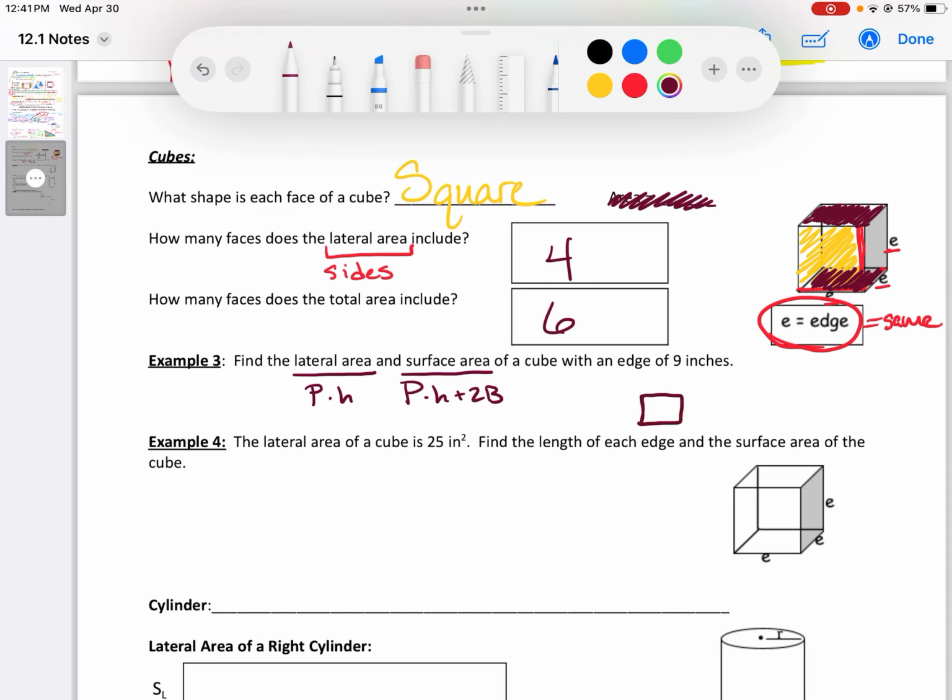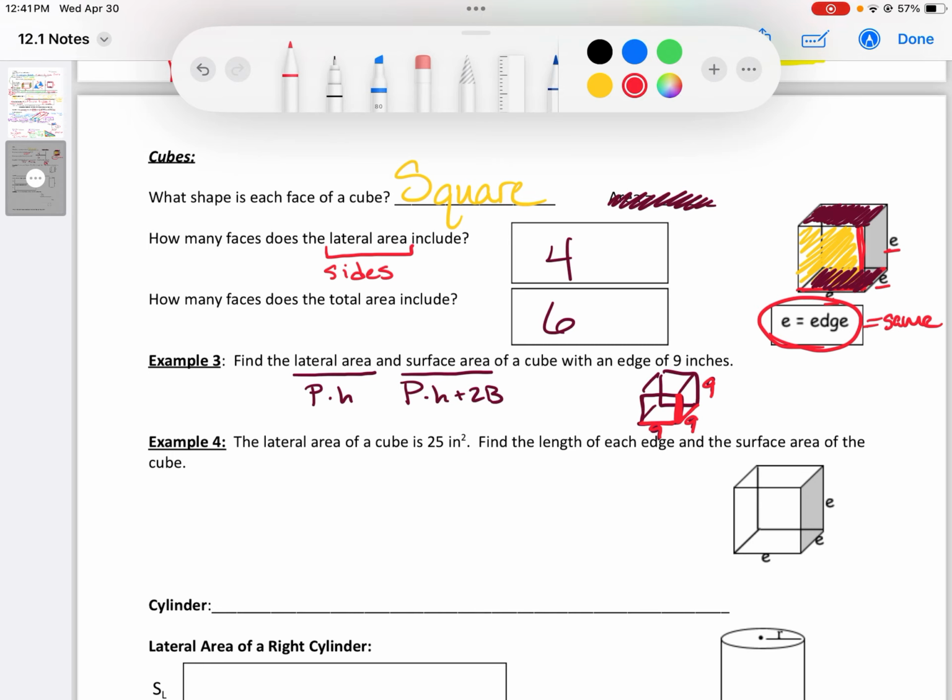So we have a cube. I'll just sketch a little one right here. We have a cube, and every value that we need on it is 9. So the width, the depth, and the height, they're all 9.